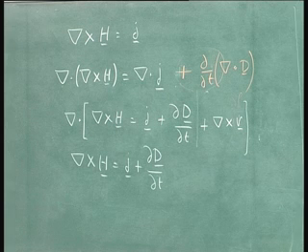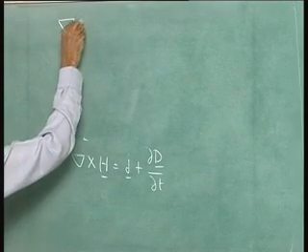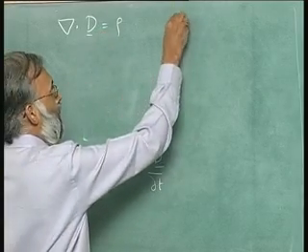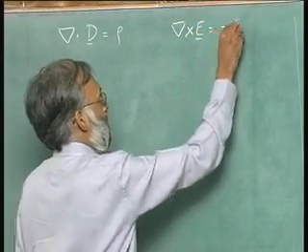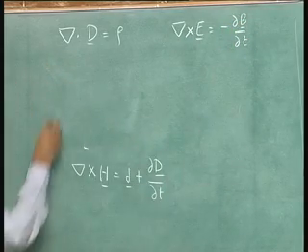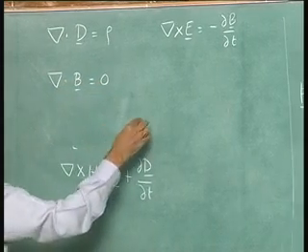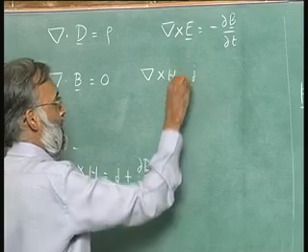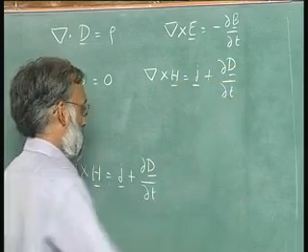These equations were divergence of D is equal to rho, curl of E is equal to minus del B del T, divergence of B is equal to 0, curl of H is equal to J plus del D del T.